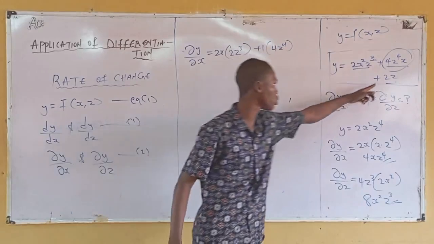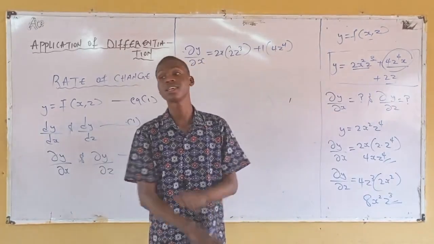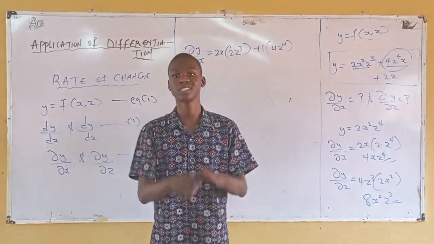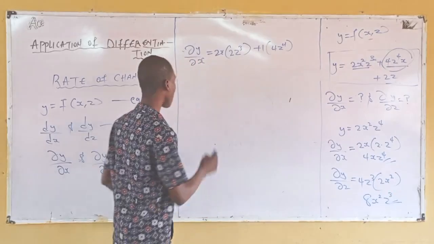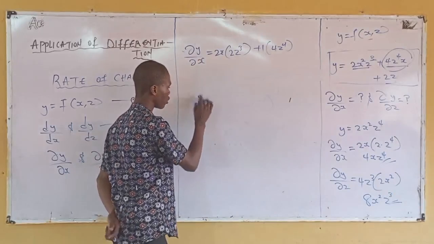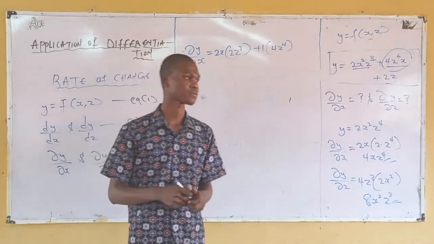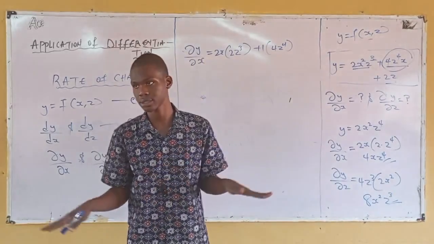Moving on. What do you have? This should be 0. And the question is why? Because there is no x.